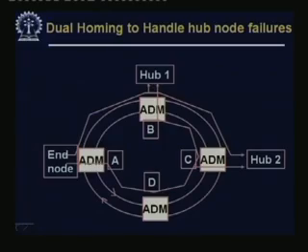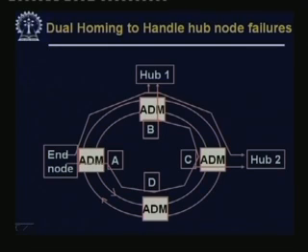Anyway, another thing we talked about is dual homing. Okay. By dual homing we mean that suppose you want to deploy your network in such a way that it is very mission critical and no failure. So, we want a hot standby.